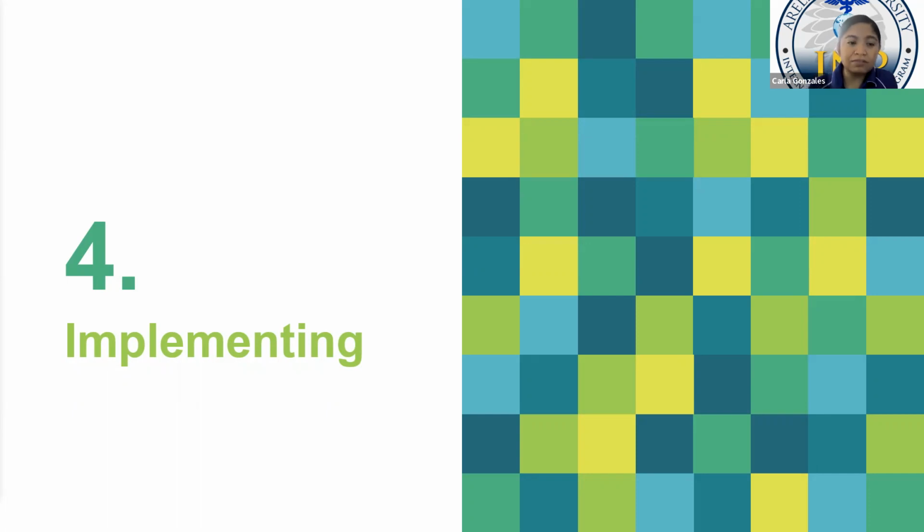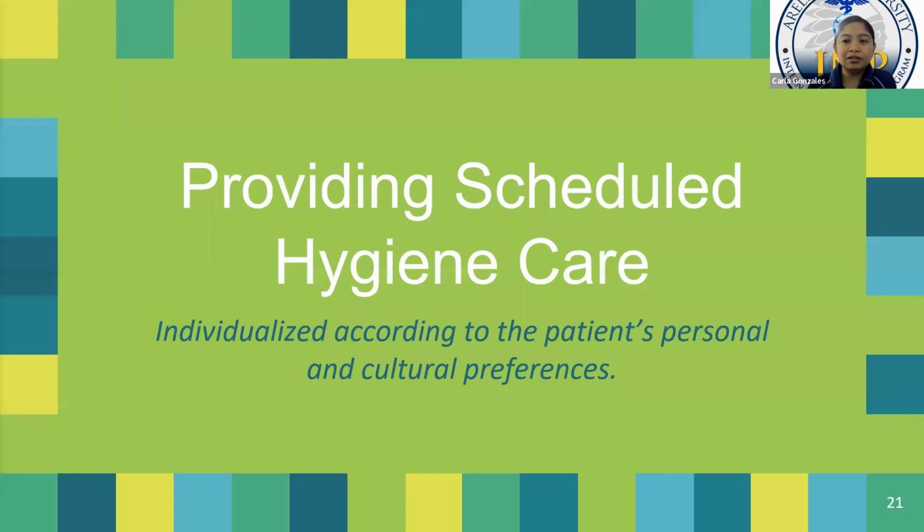So if options are available, then you give them options. One of the interventions we can do is providing scheduled hygiene care, individualized according to the patient's personal and cultural preferences.